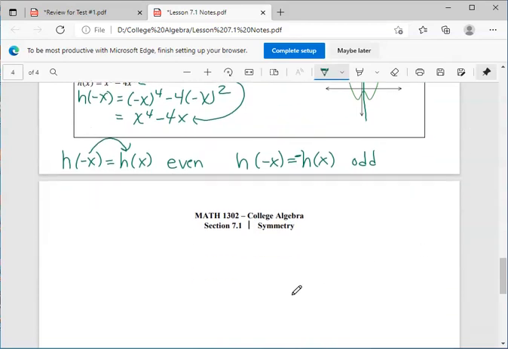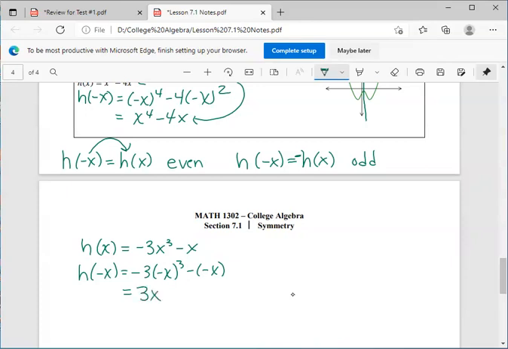Okay. So if I write down, bear with me, this will just take a second. If I write down my function is h of x is equal to negative 3x to the third minus x, and I want to see if it's even or odd, when I plug in negative x for my x, well, this is going to turn into a negative x times negative x times negative x, is going to be negative times negative 3.